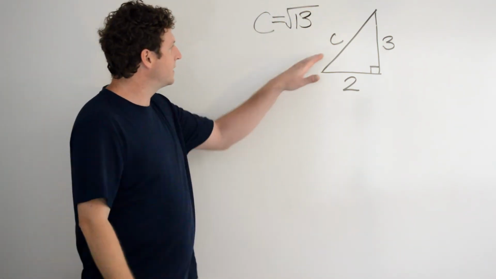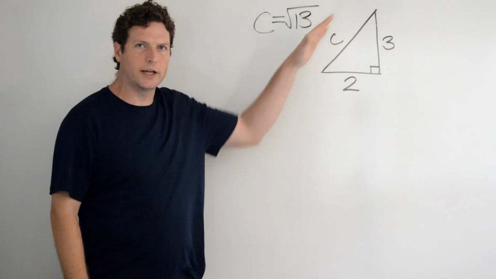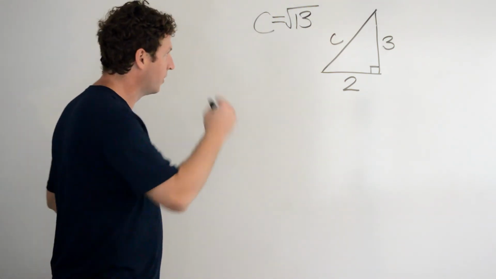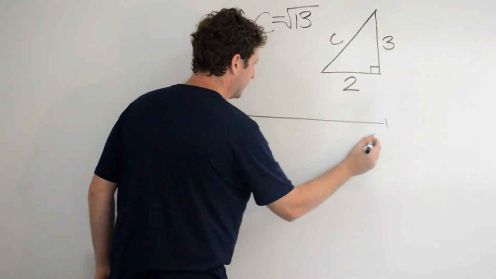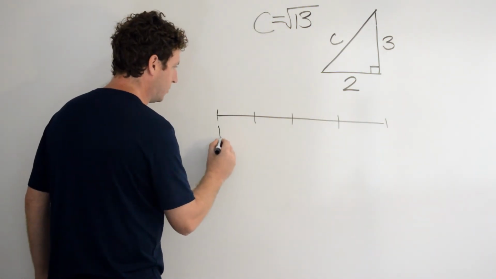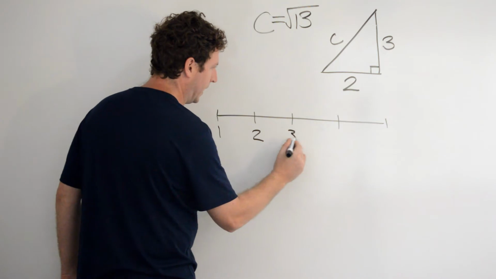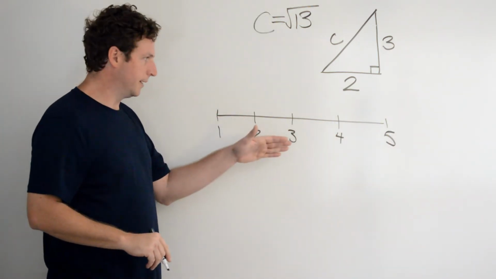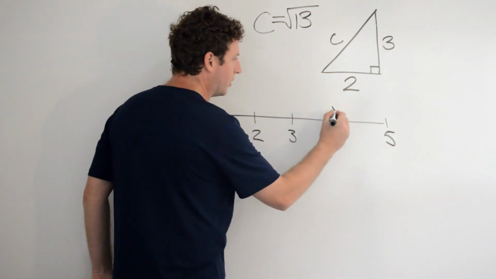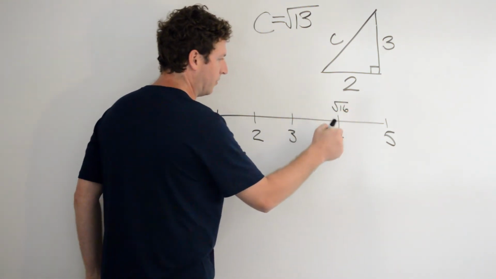How do we know that that's correct, right? C should be the longest side because it's the hypotenuse. Well, let's think about this. If we were to put this on a number line, let's say this is 1, 2, 3, 4, and 5. We know that the square root of 16 is 4.